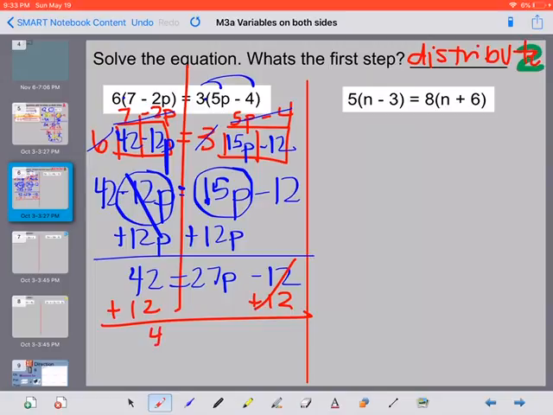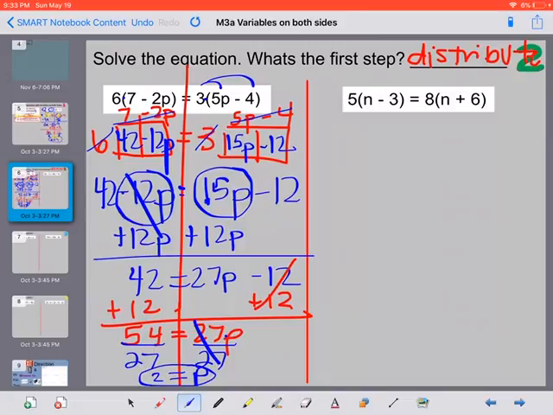So 42 plus 12 is 54, equal to 27p. And then the opposite of multiply by 27 is divide by 27. So we get p equal to, and this one you might not know, it's really just 2. You can type 54 divided by 27 into your calculator.